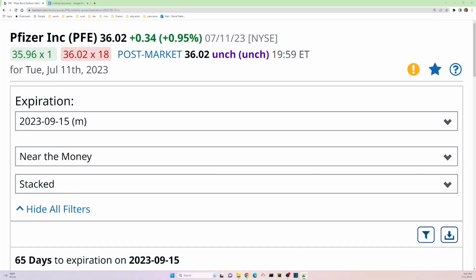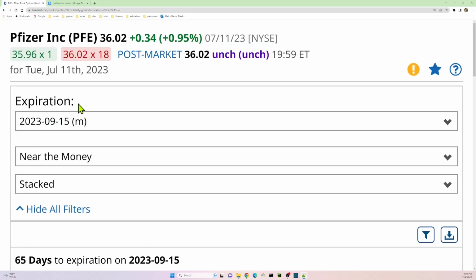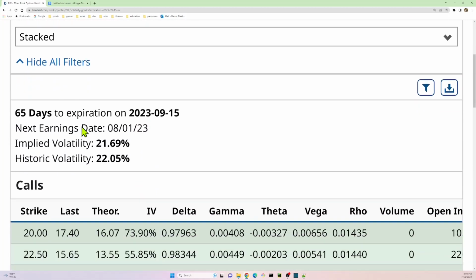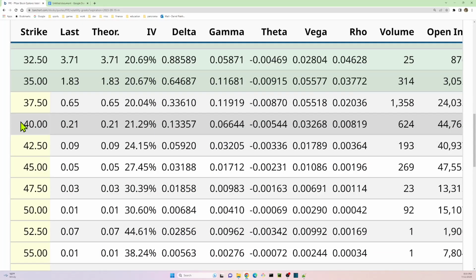Here's an example with Pfizer as of market close July 11th, 2023. Pfizer's currently trading at 36. Let's say you sold a covered call on Pfizer with an expiration of September 15th, that's 65 days away, and you picked a strike of 40, this one.